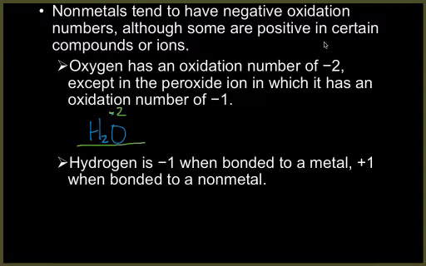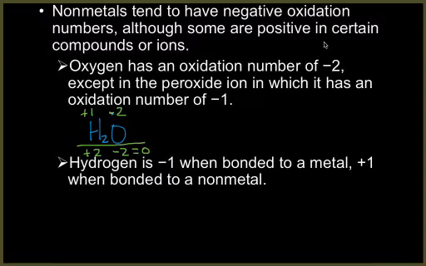We take the oxidation number times the subscript, in this case the subscript is 1, so that's -2. Overall that has to give us 0, so hydrogen's overall contribution has to be +2. If it's +2 and there are 2 of them, the oxidation number hydrogen has to have is +1. So in this situation, hydrogen is +1, oxygen is -2.